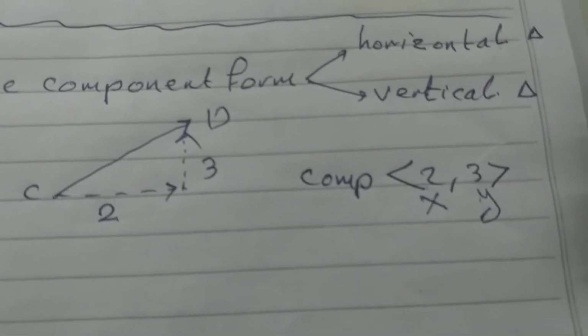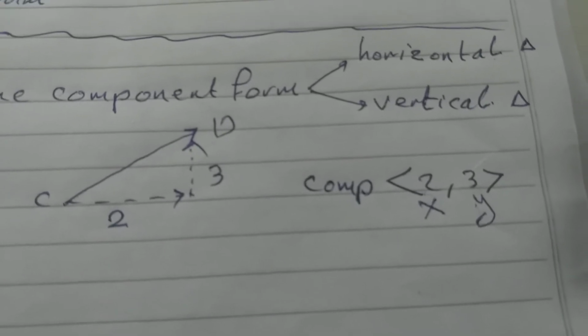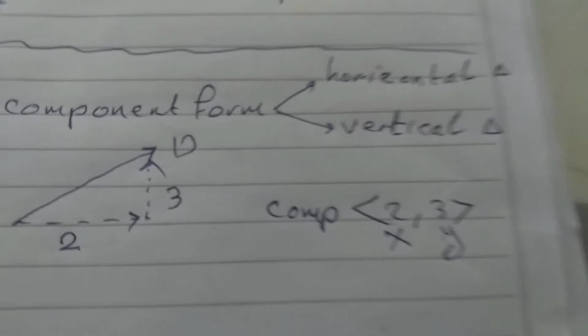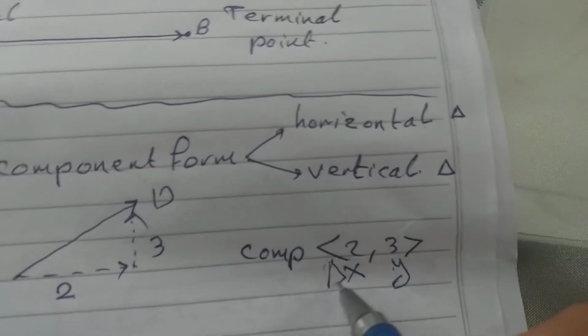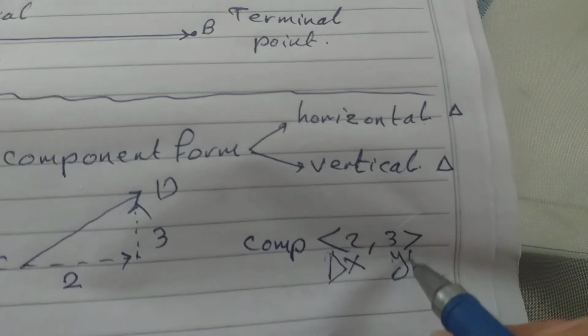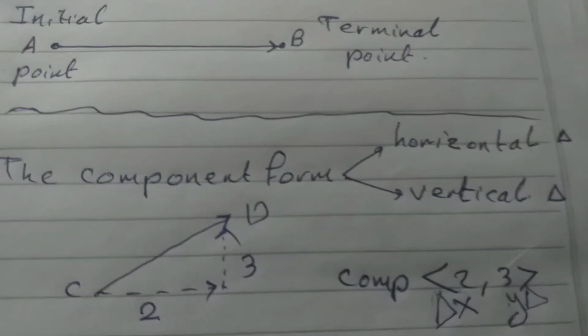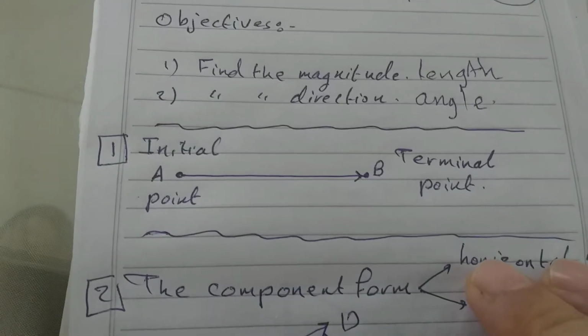That's why I said x and y. But actually 2 is not x, it's the change in x. As you see, this is the change in x, and this is the change in y. Change in x and the change in y. Okay.